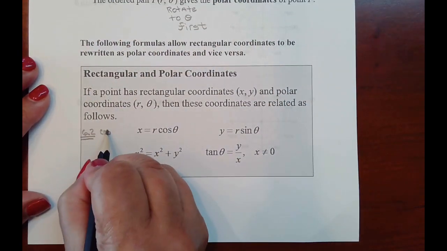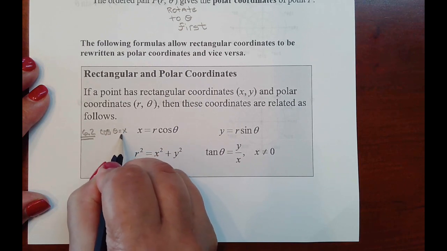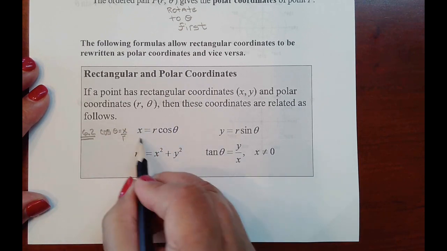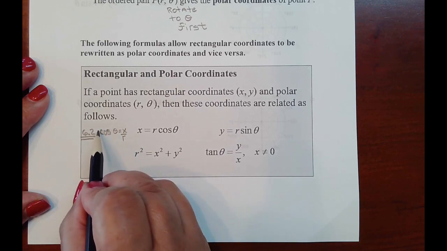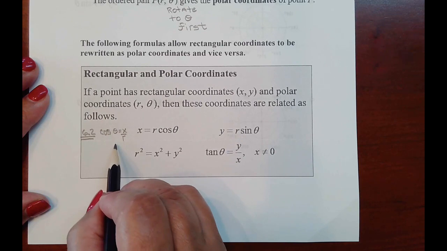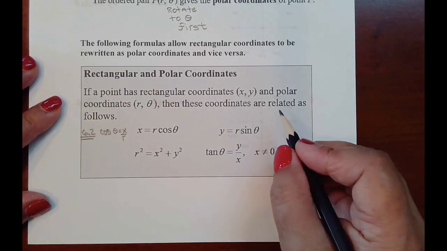Cosine of theta is equal to x over r. And that's exactly what this is right here. If you were to just cross multiply, r times cosine of theta, just swing that r right up here, cross multiplying one way, you would have what you're seeing here. So this is equivalent to this.